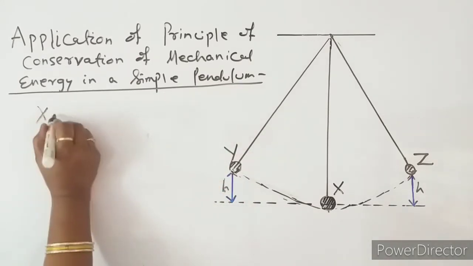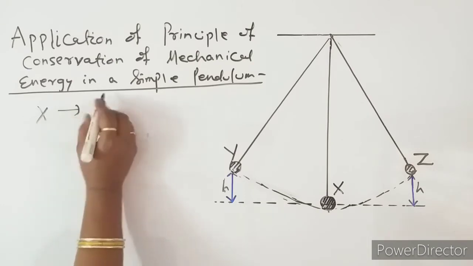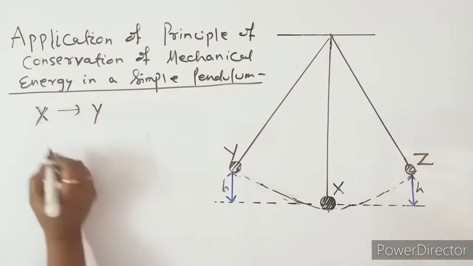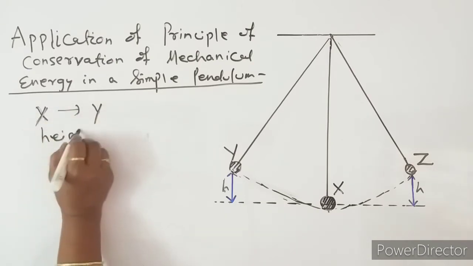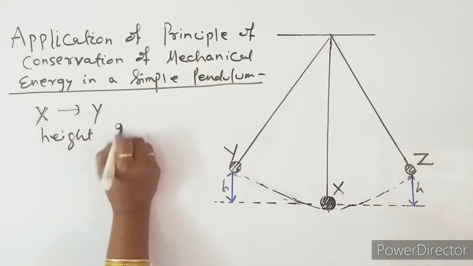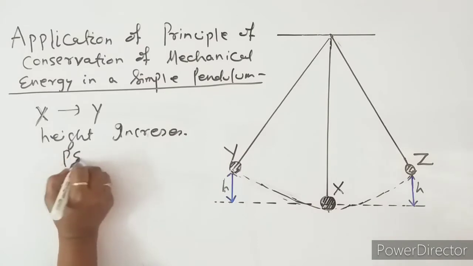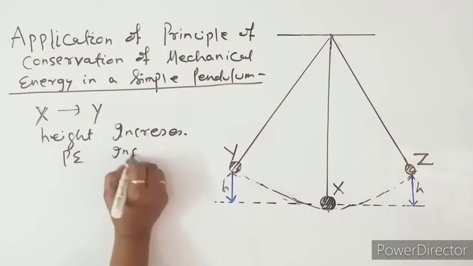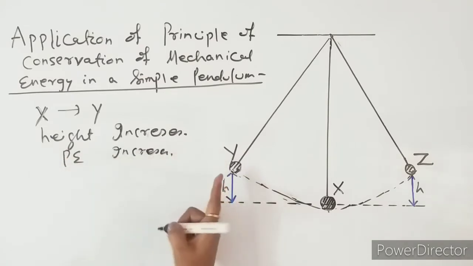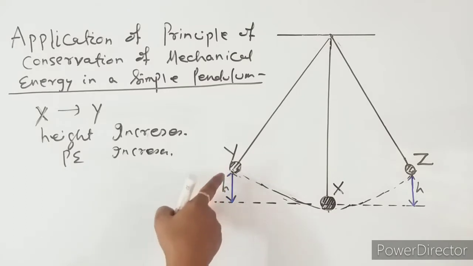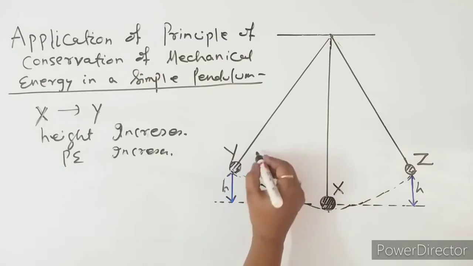So from x to y, when it is taken, height increases. So when height increases, obviously potential energy increases. When it is in the extreme position, in this case the potential energy is maximum.